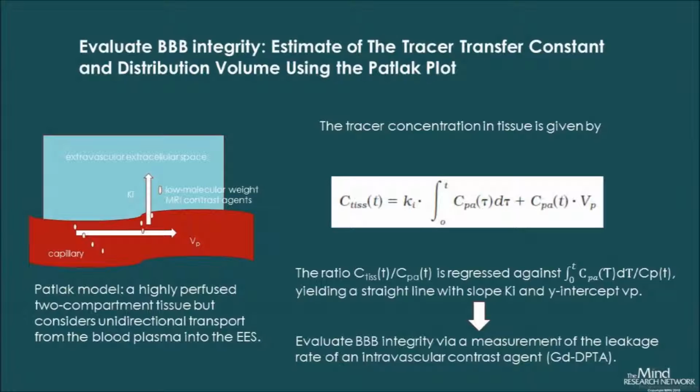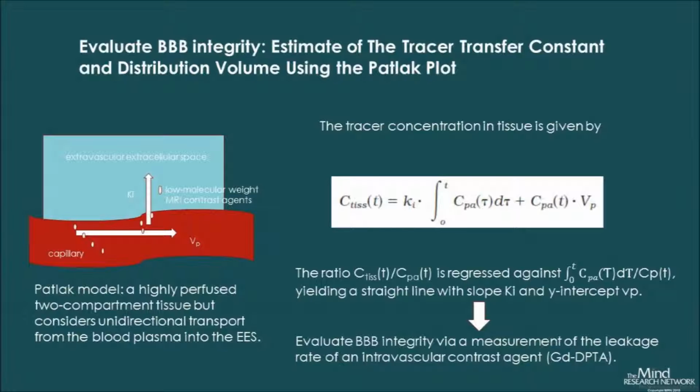The transport of the low molecular weight contrast agent is unidirectional. So mathematically, it can be summarized in this form. The concentration of the contrast agent in the tissue equals the transfer constant times the integral of the plasma concentration, plus the current time point concentration of the plasma.